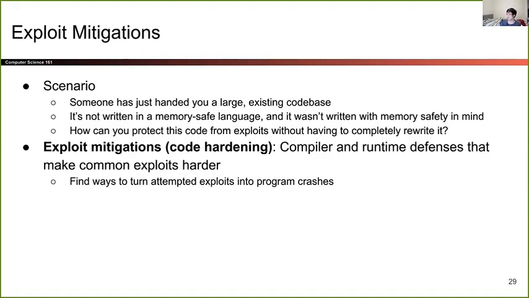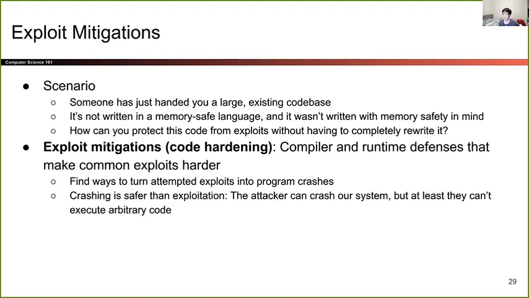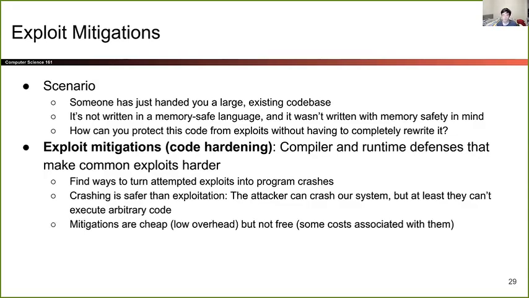Oftentimes when a program crashes, it's not good, but in computer security, it's better to crash a program than to allow the attacker to exploit it. These mitigations can be pretty cheap, so it doesn't take too much extra code. It doesn't add too much of a performance penalty, but some of them will have costs associated with them. We'll go through the efficiency of each one as we go through them.